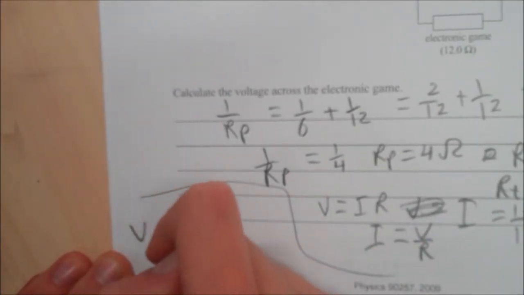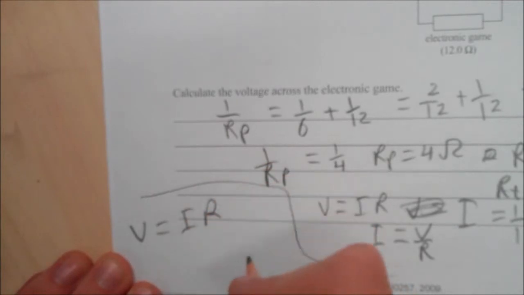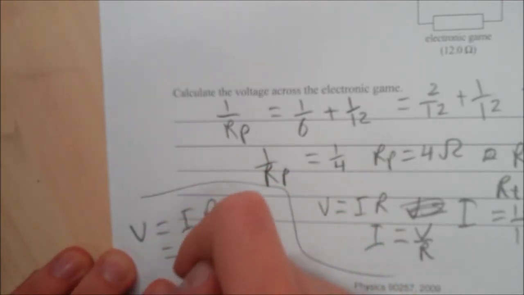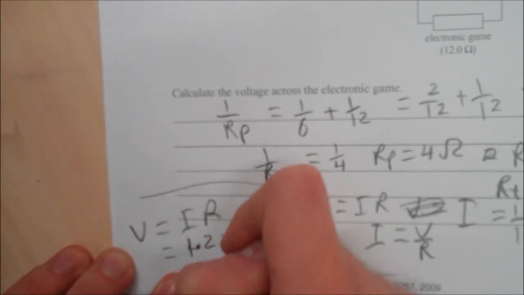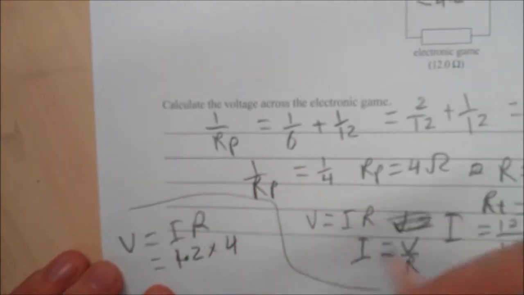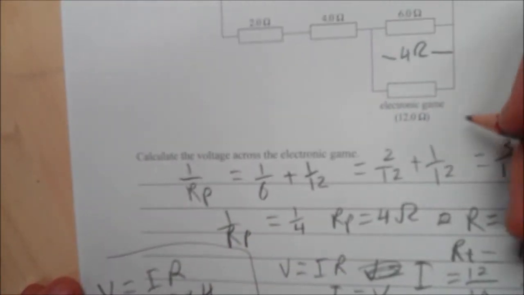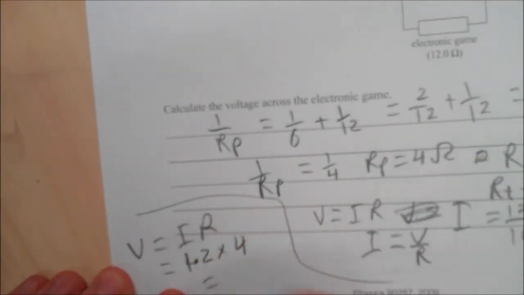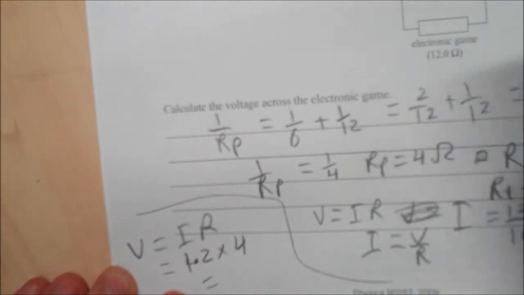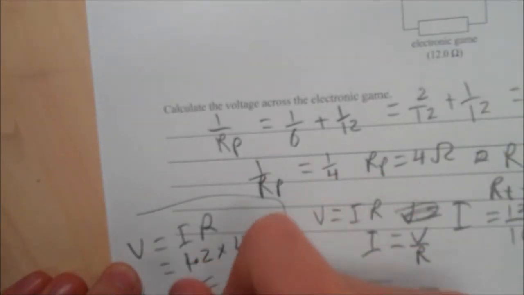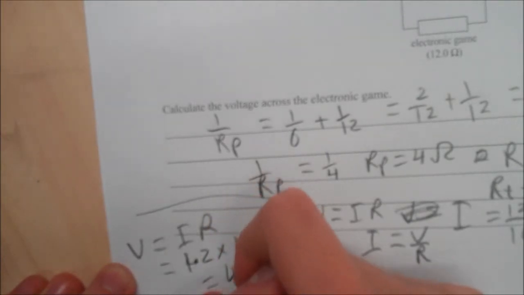So V is equal to IR, which is just going to be equal to the current, which is 1.2, times 4, which is the resistance of this parallel section here. So this is going to be equal to 4.8. So that's 4.8 volts.